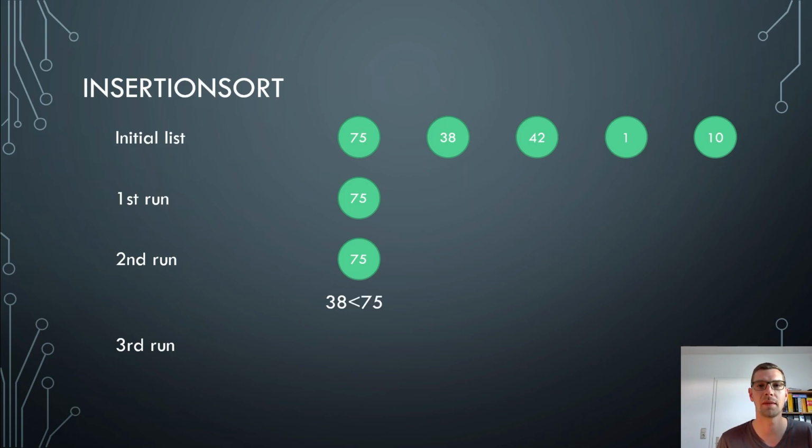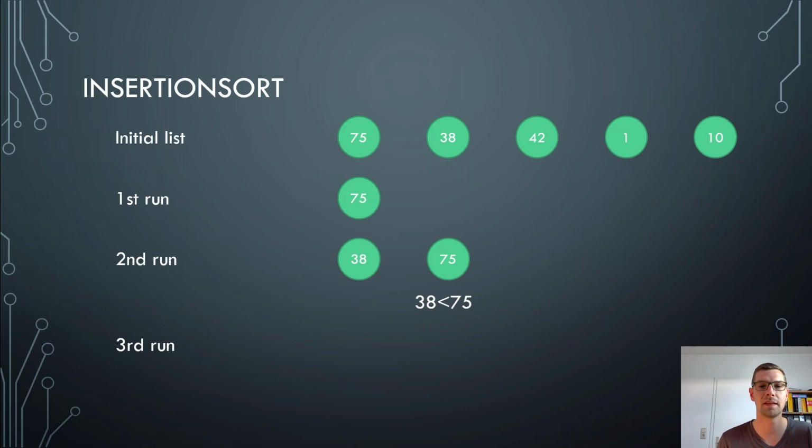And we figure that the 38 is smaller, so we move the 75 one further to the right in our resulting array. Then we are already at the first position, so we can insert our 38 there.